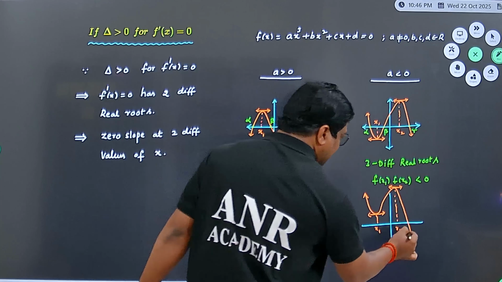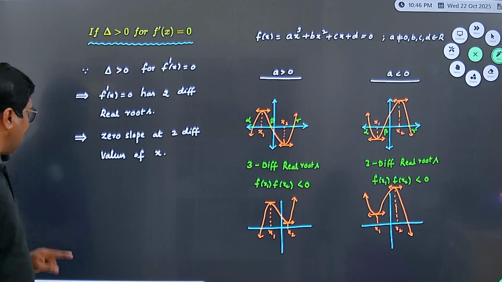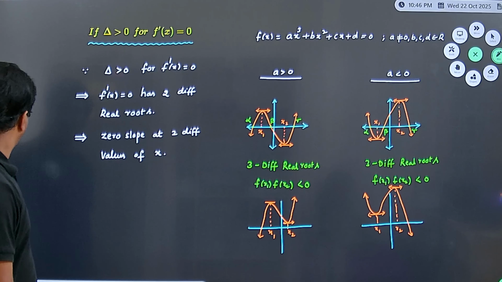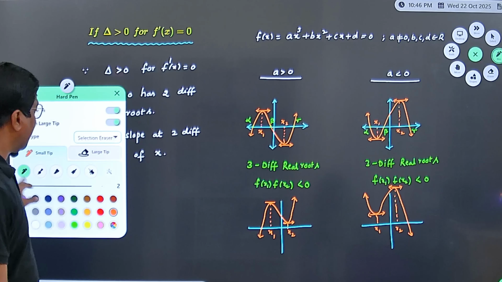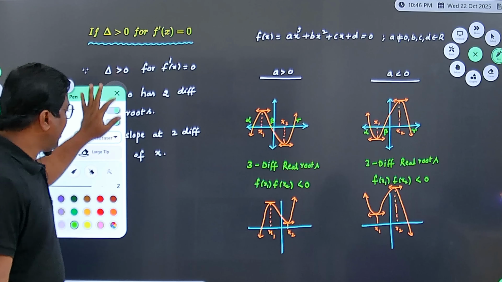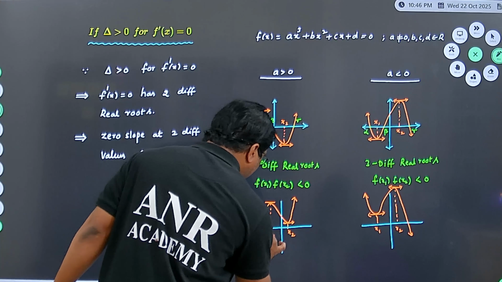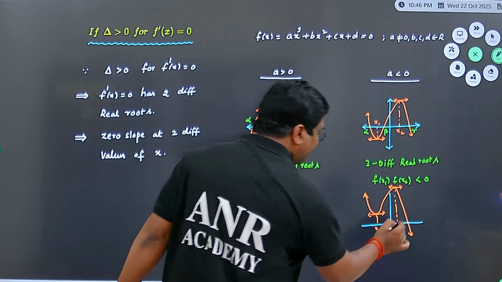Observe in this case it has only one real root. Why? Because the function f of x intersects the x-axis at only one point, so there exists only one real root alpha.